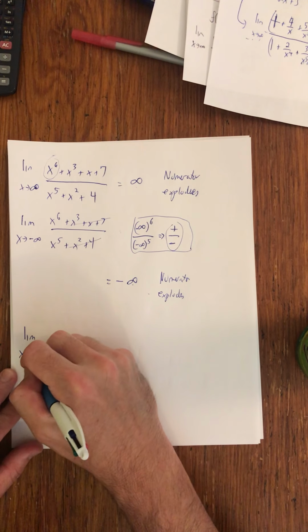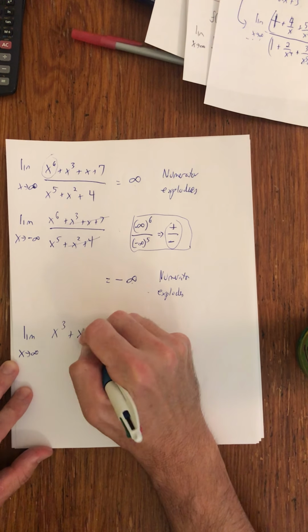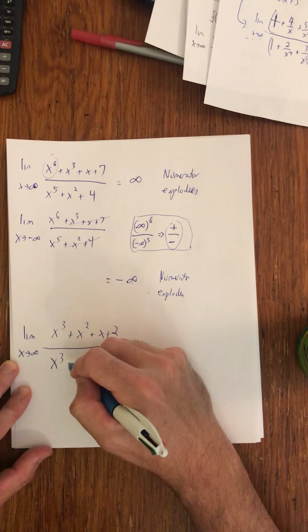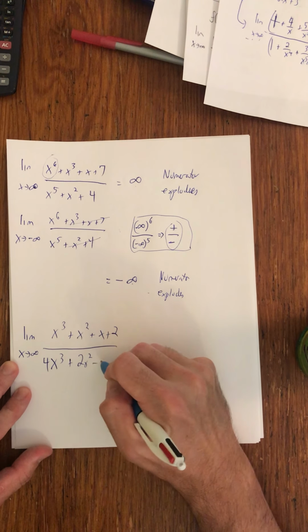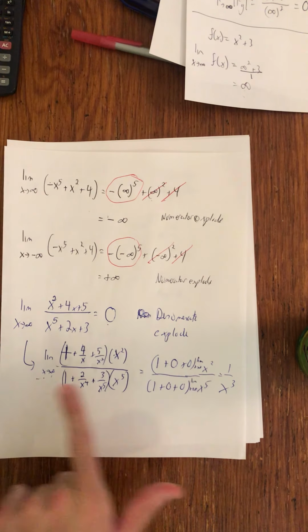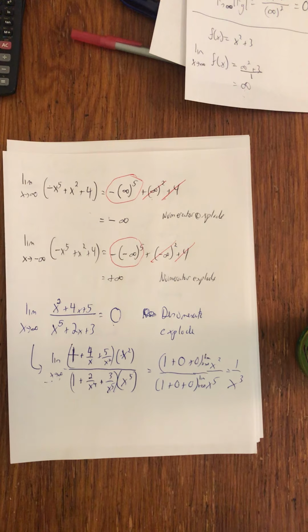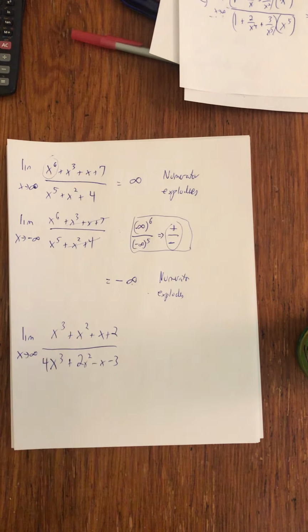So the limit as x approaches infinity, and I think you guessed what I'm going to do here, x to the 3rd plus x squared plus x plus 2 over, let's say, 4x cubed plus 2x squared minus x minus 3. Well, what happens here? Well, we could go back and do this sort of analysis all the way through in the way that I did, pulling out the highest term and seeing what's left, or we can take the shortcut.